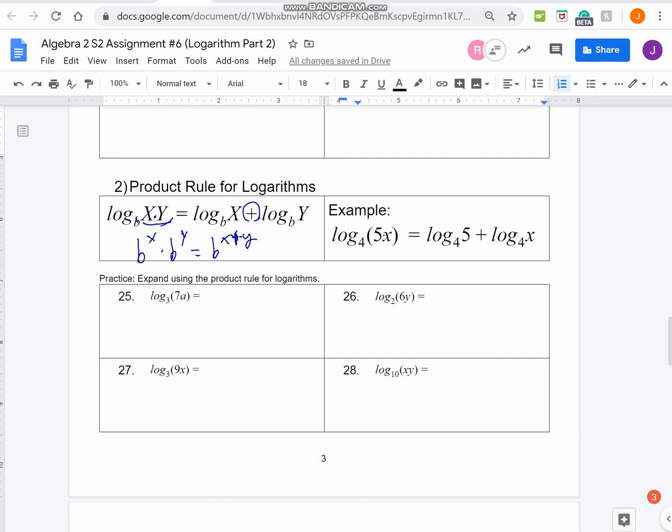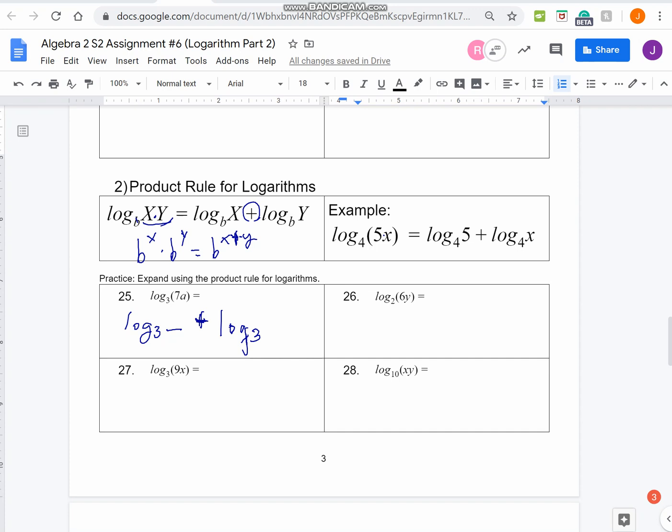Now, using the same rule, if I break down number 25, expand this using the product rule, then what I can do is log base 3 of something, and then product rule, so it's going to be plus in the middle, and then log base 3 of something.